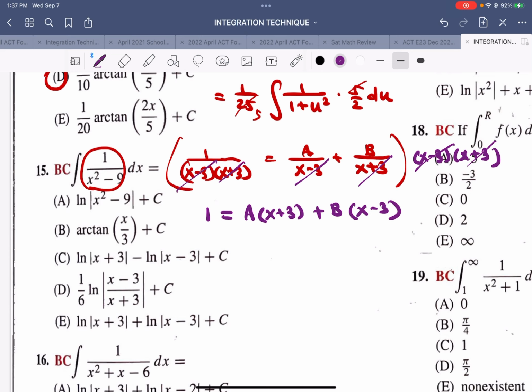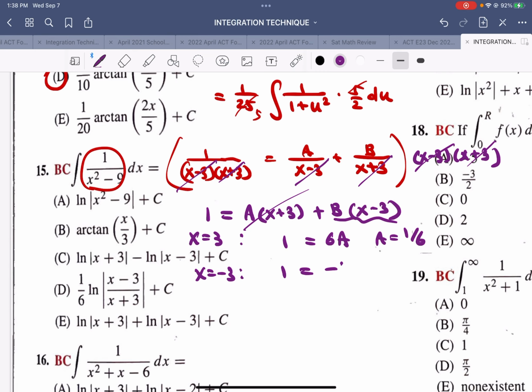Now you can substitute x equals, let's say 3, then left hand side is still 1, then a times 3 plus 3 is 6a, and then the b term will be gone. That's why I pick x equals 3. So a is 1 over 6. Now when you pick x equals negative 3, 1 equals, this time the a term is gone, right?